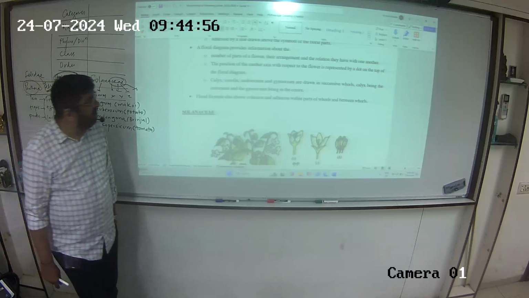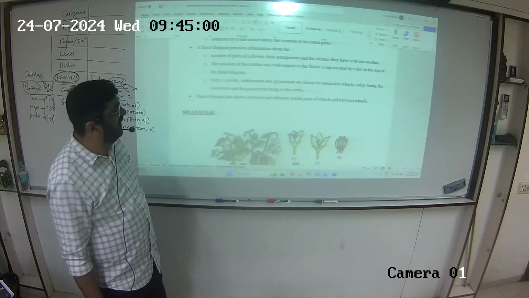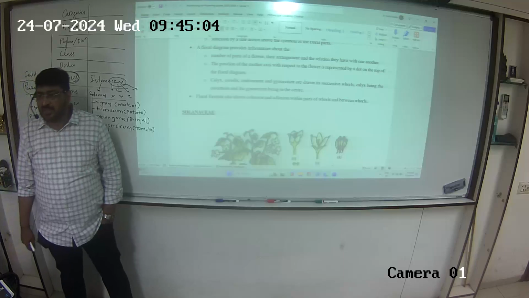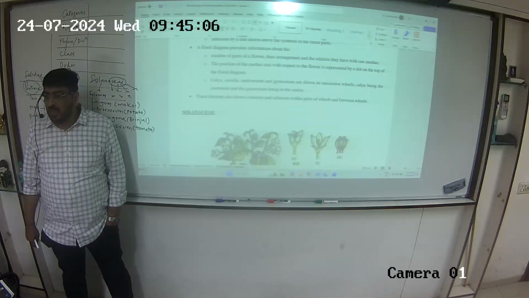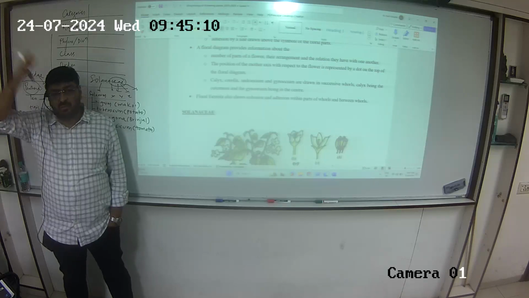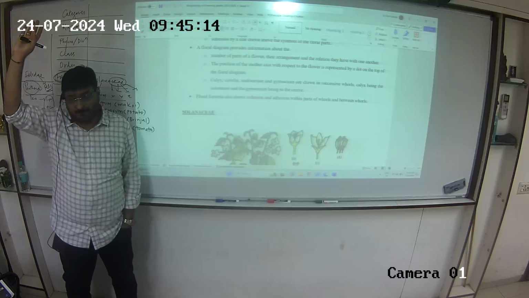Calyx, corolla, androecium and gynoecium are drawn in successive whorls. I think अपने flower की description में सबसे पहला वही आया था. Calyx always is the outermost, gynoecium is always the innermost, और वो sequence कभी change नहीं होगा.